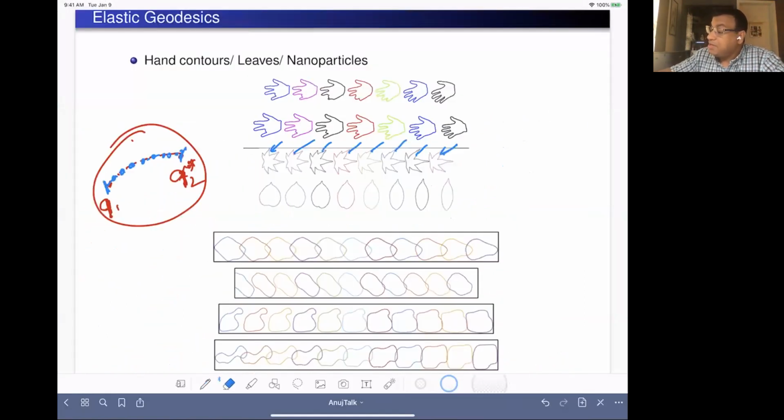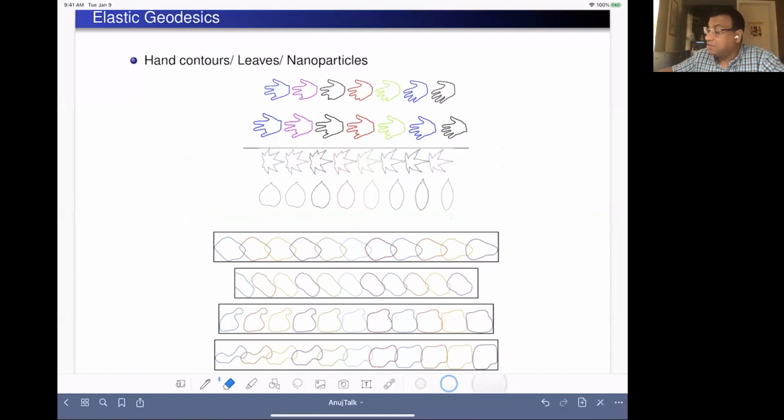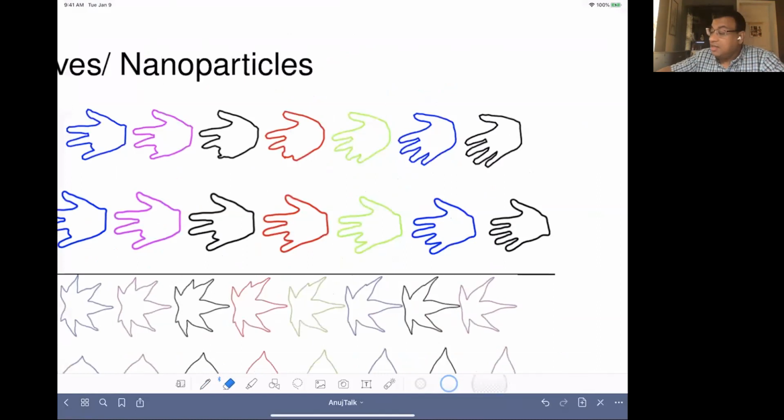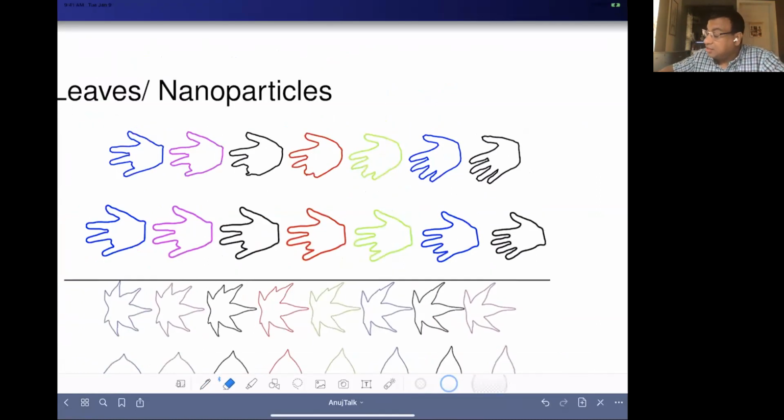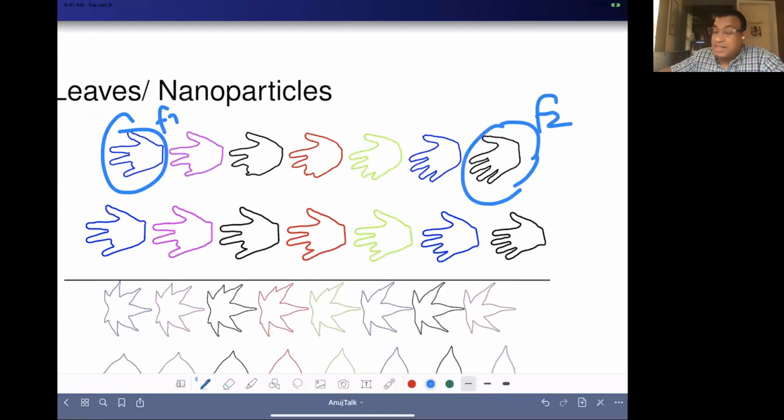Why? Because of how things were done previously. Let's look at this example on the top, the hands. I have a certain curve. This is F1. This is F2. If I compute the geodesic using what was done previously, if I just do arc length parameterization of this curve, fix that registration and draw a geodesic, this is what I get.